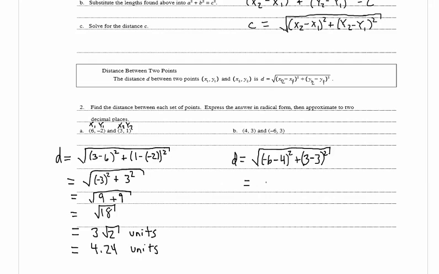And this is equal to the square root of negative 6 minus 4 is negative 10, squared, plus 3 minus 3 is 0, and negative 10 squared is equal to 100, so we have the square root of 100, which is equal to 10. So we have 10 units. And that's our video on the distance formula.